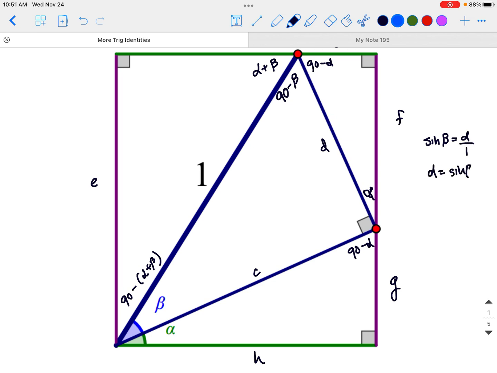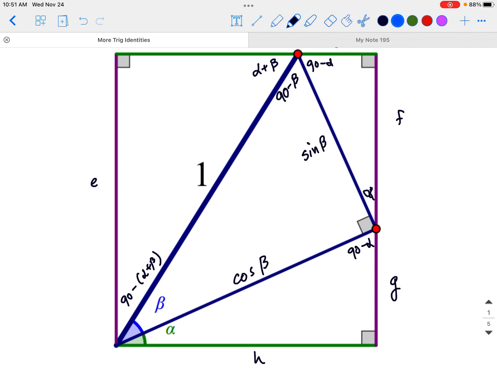So that means D is sine of beta. So we're going to rewrite that, because now this vertical side length of the triangle is in terms of beta. We can do the same thing for C. That's going to be cosine of beta.